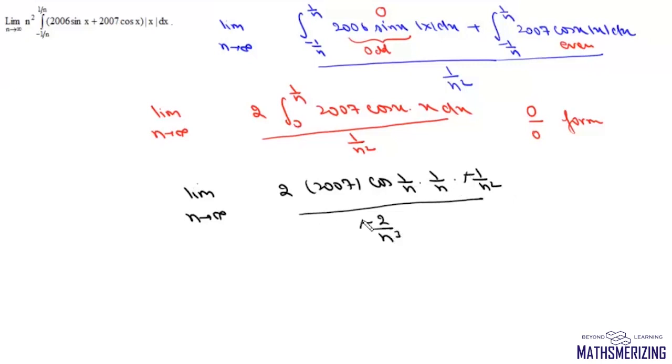Now minus and minus will cancel, 2 will also cancel, and n cube will also cancel. So we'll get limit n tends to infinity of 2007 cos 1 by n, and it is cos 0, and cos 0 is 1. So the value of this limit is 2007.